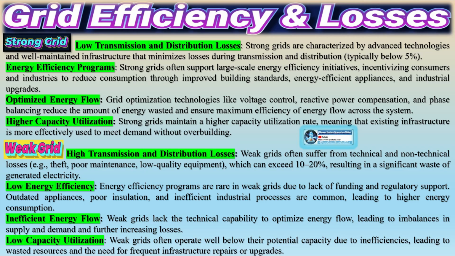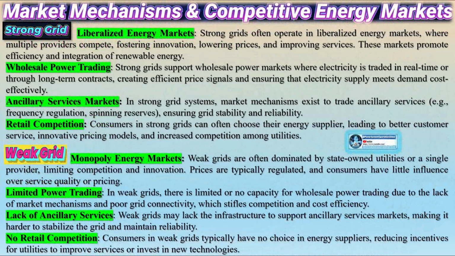Outdated appliances, poor insulation, and inefficient industrial processes are common, leading to higher energy consumption. Weak grids lack the technical capability to optimize energy flow, leading to imbalances in supply and demand and further increasing losses. Weak grids often operate well below their potential capacity due to inefficiencies, leading to wasted resources and the need for frequent infrastructure repairs or upgrades.